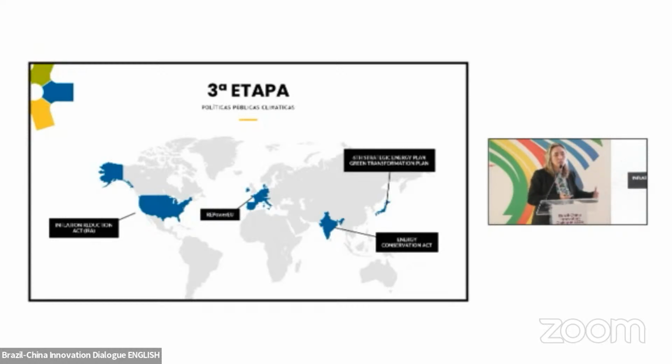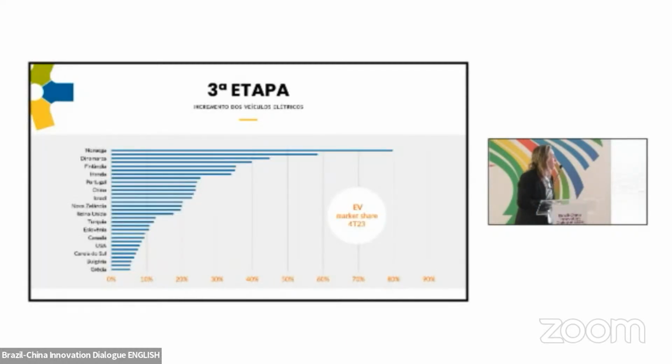The REPowerEU, that is also a great incentive from the European Union for these issues. And here we can highlight the Conservation Act from India, and a specific one from Japan. We don't talk about China because we know the 10-year plans of China for a long time. It's not by chance that China is the greatest investor in renewables and nuclear. All these issues are the great highlights in terms of renewables in China.